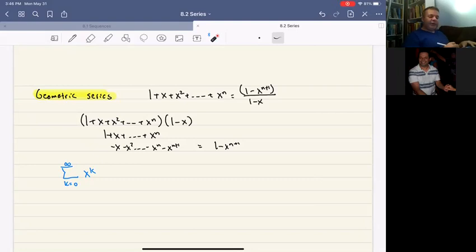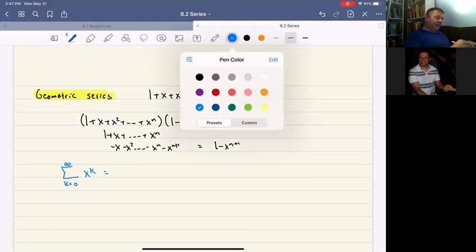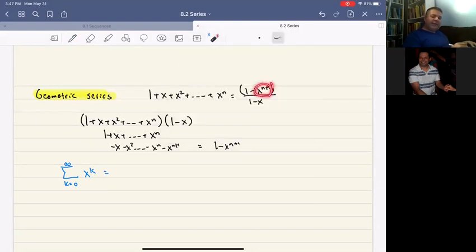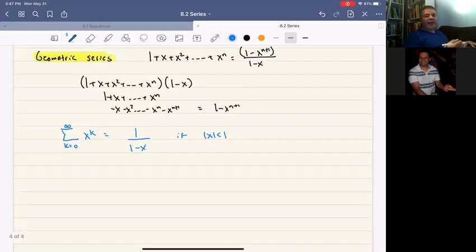So this equals, well, it's actually going to converge if x is small. If x is smaller than 1, it's going to converge to 1 over 1 minus x, and that's going to happen if the absolute value of x is less than 1. It diverges if x is bigger than or equal to 1.